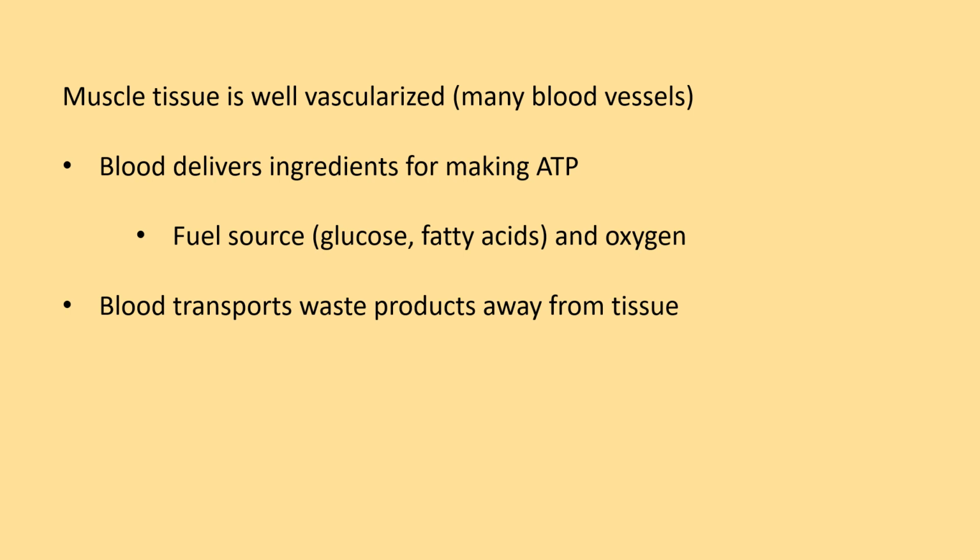And this is important because blood delivers the ingredients that are required to make ATP, including oxygen and glucose. Blood also carts away the waste products that are generated while making ATP, such as carbon dioxide.